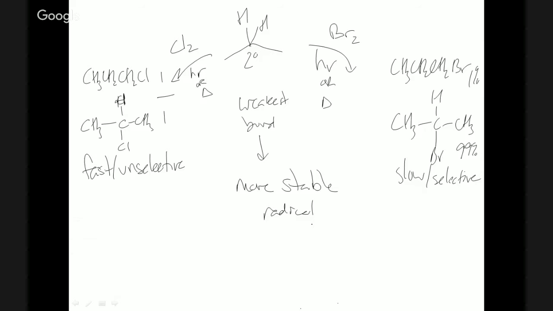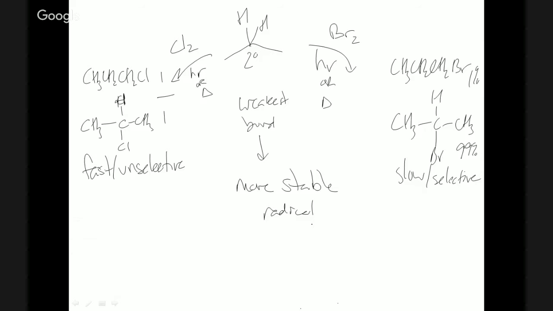The Hammond postulate states the following. The structure of a transition state most closely resembles the species to which it is closest in energy. Okay, let's say it again. The Hammond postulate states that the structure of the transition state most closely resembles the species, starting material, product, or intermediate, to which it is closest in energy.